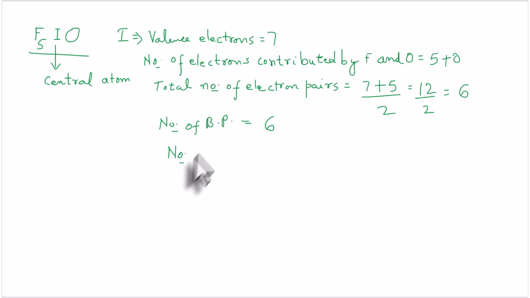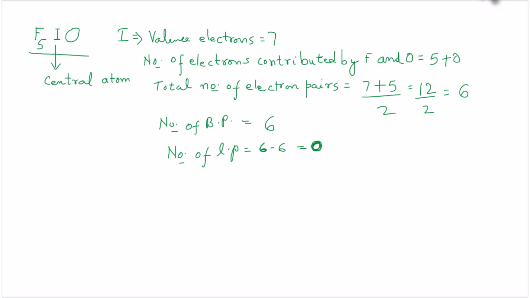That is why the number of lone pairs is 6 minus 6 is equal to 0. Total number of electron pairs minus the bond pairs, so 6 minus 6 is equal to 0. So we do not have any lone pairs in this compound.